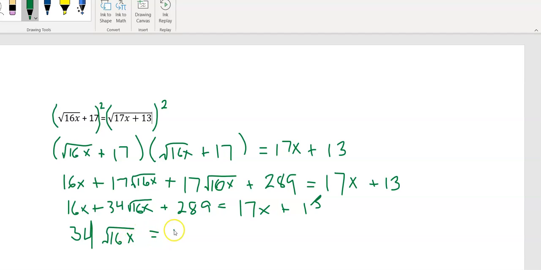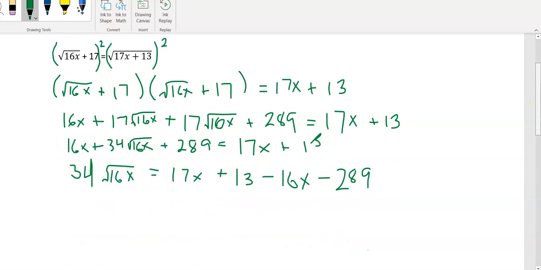All right, so I'm going to just rewrite the 17x plus 13. But I'll move the 16x, that'll make it a negative 16x. And I'll move the 289, which will make it a negative 289.